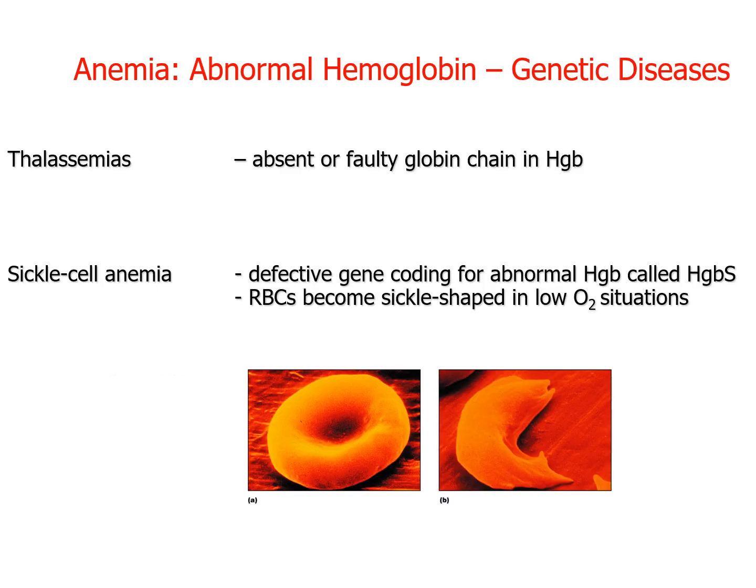There are other genetically based anemias due to some abnormal genes which code for abnormal hemoglobin molecules. Thalassemia is a genetically based disease which results in the absence of a globin chain, or a faulty globin chain, a change in the globin chain so it's not properly functional.